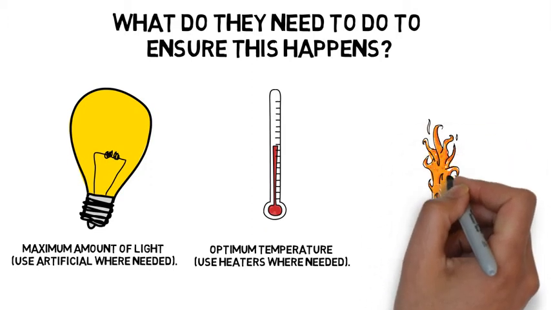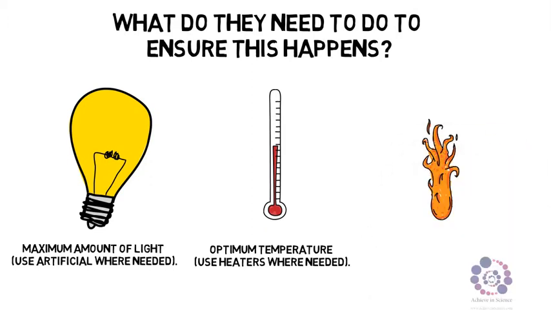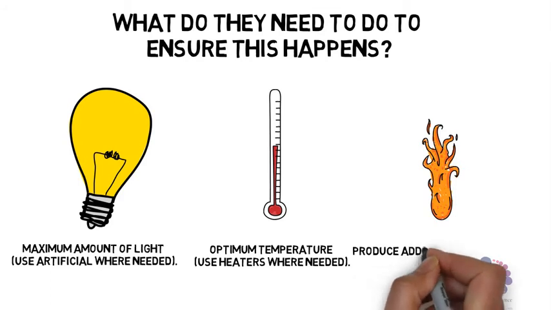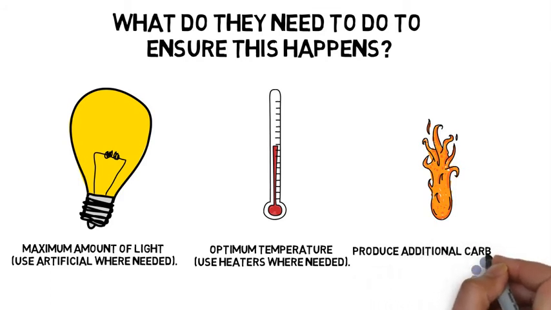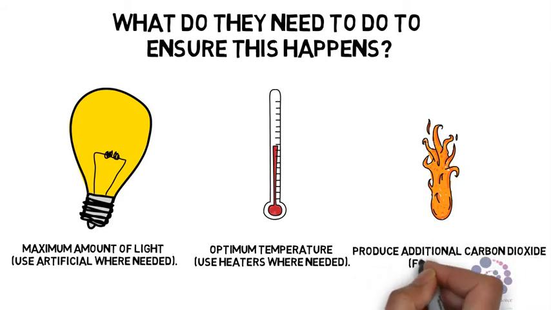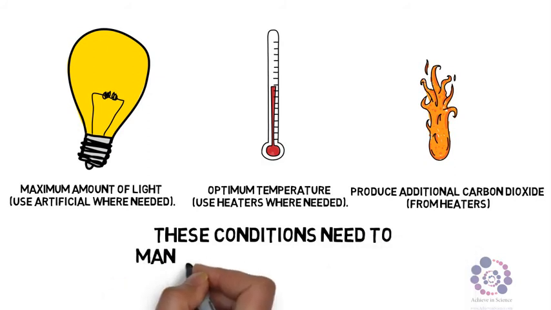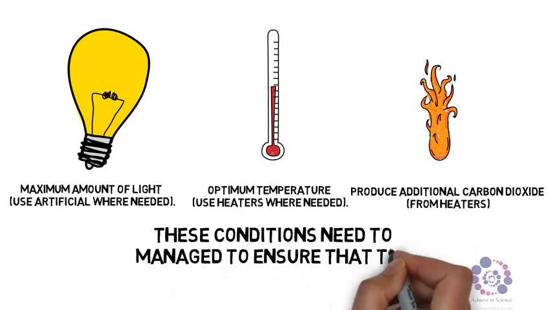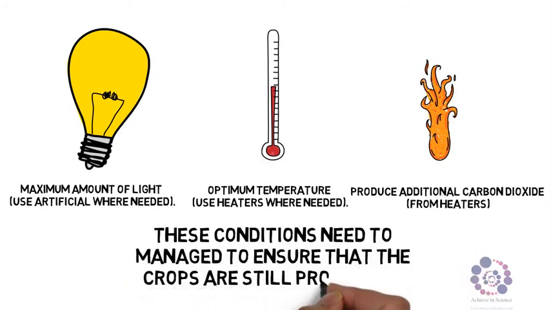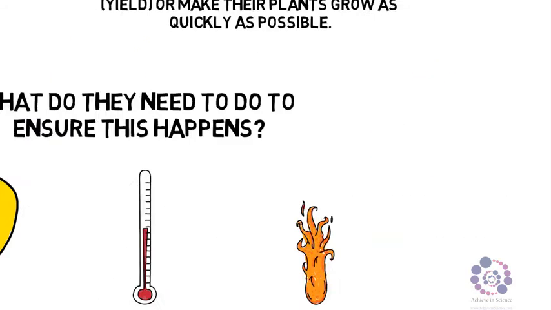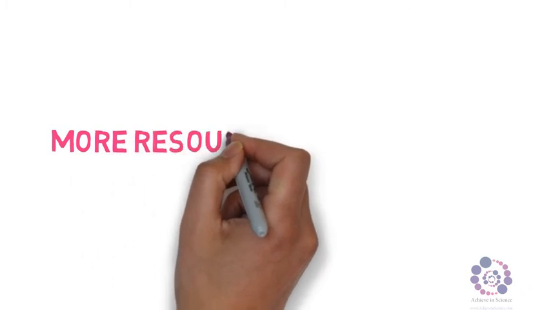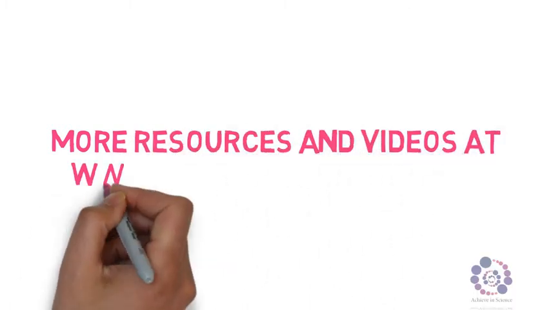Paraffin heaters will also supply carbon dioxide because they're completing the process of combustion, which releases carbon dioxide into the atmosphere, which is required by the plants. Overall, these conditions need to be managed to ensure the crops are still as profitable as possible, so not too much expense should be used on any of these factors.